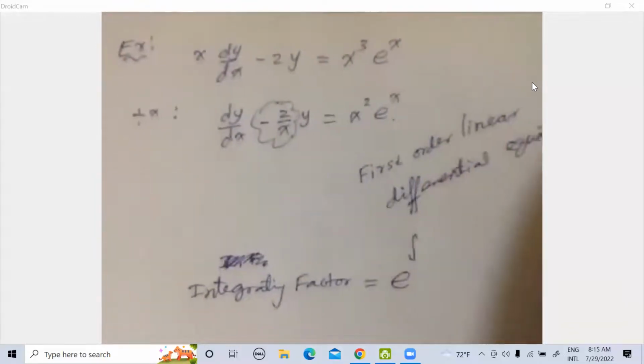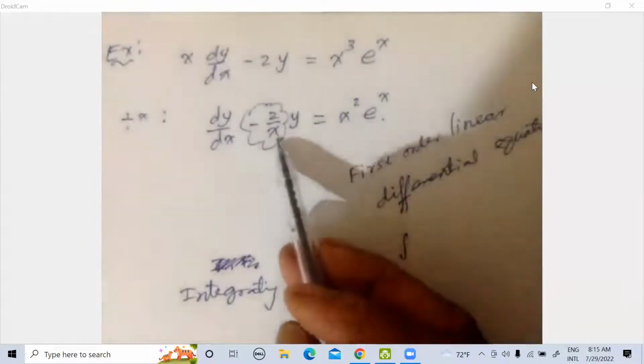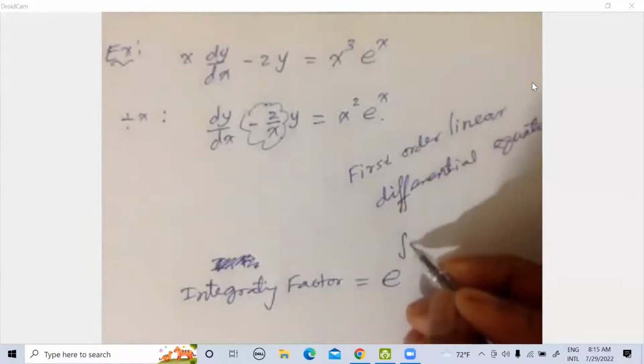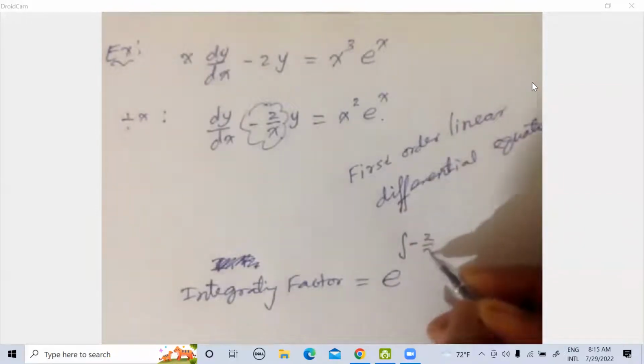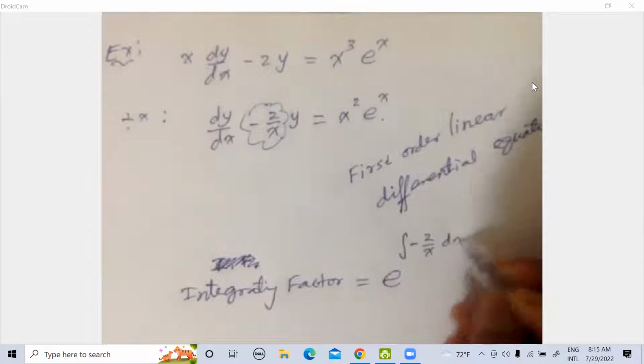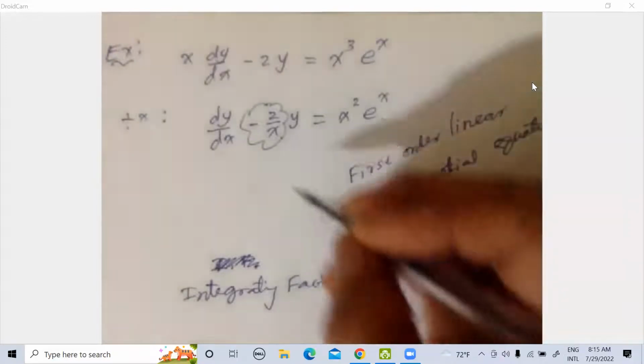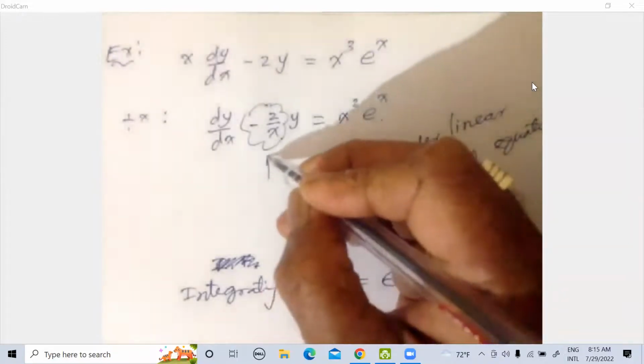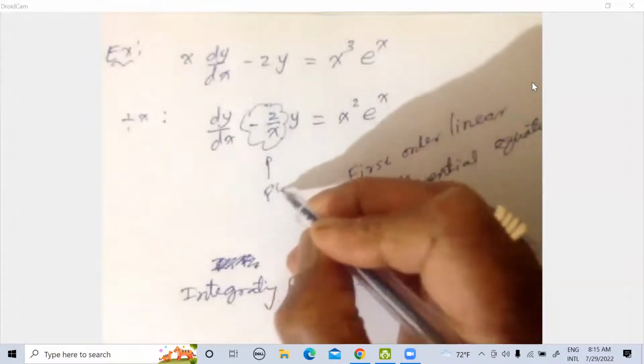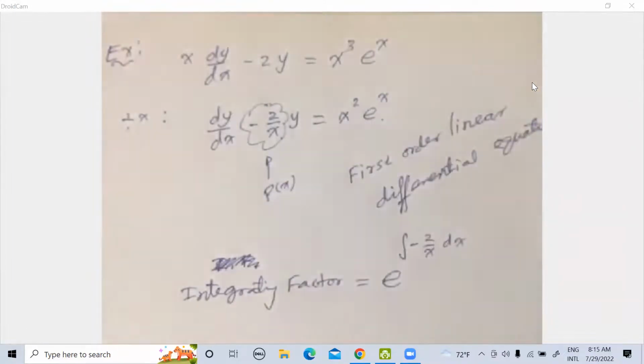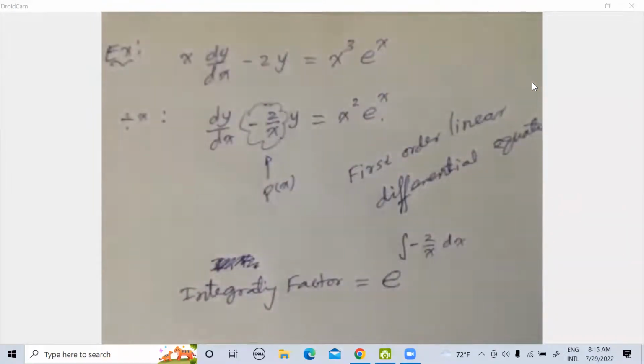Integrating factor is equal to e to the integral p of x dx. P of x is minus 2 over x. This is P of x. E to the integral P of x dx.